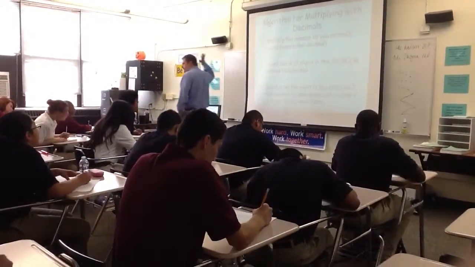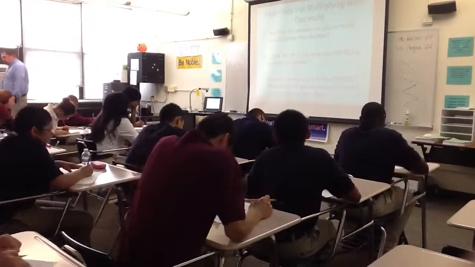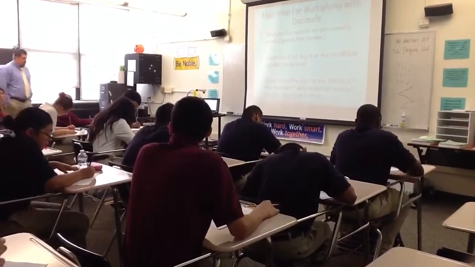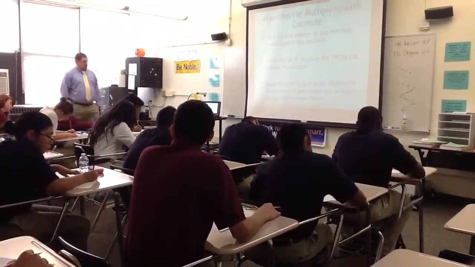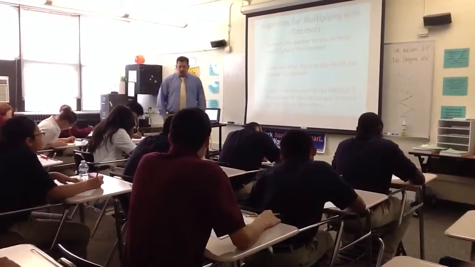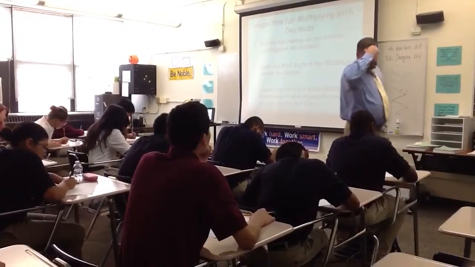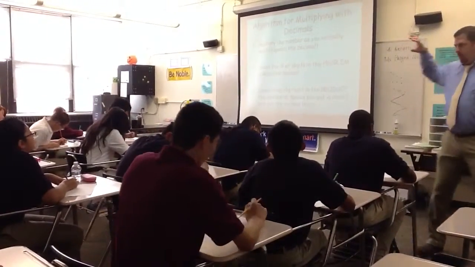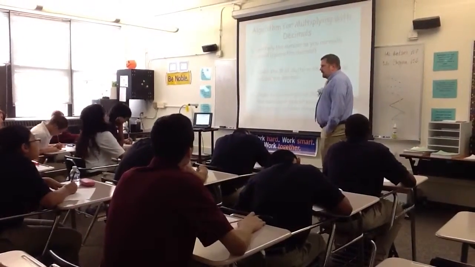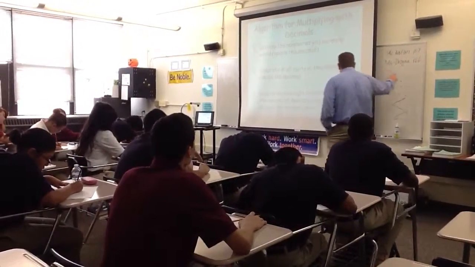Is everybody okay seeing up here? So if in step 2, I count that I have 2 numbers behind the decimal, once I multiply and I get my product, my answer, I know that I have to move the decimal 2 places from the right.